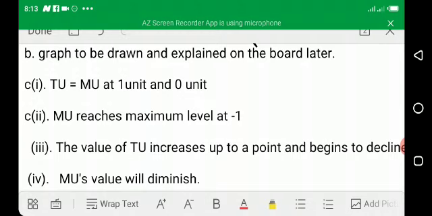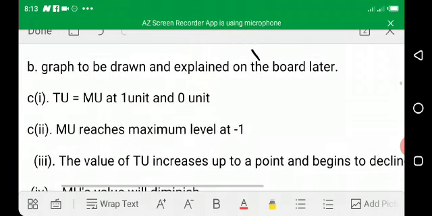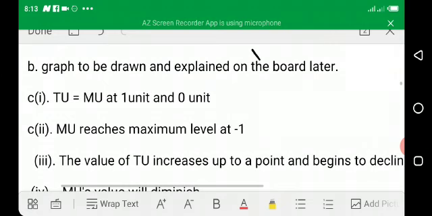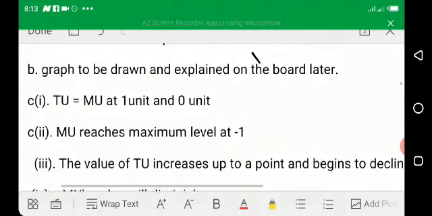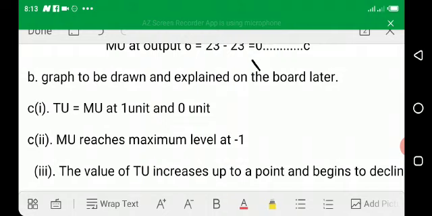Then the next question says, what is the value of marginal utility when total utility reaches the maximum? Having been able to draw the graph here, we'll be able to answer, but at least we can use our table as well. Don't forget the question is, what is the value of marginal utility when total utility reaches the maximum? From your table, we can answer this one. So we are considering the marginal utility here.